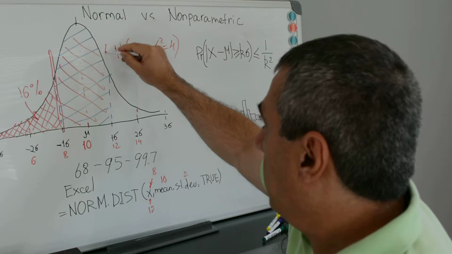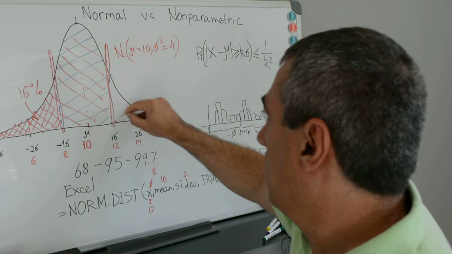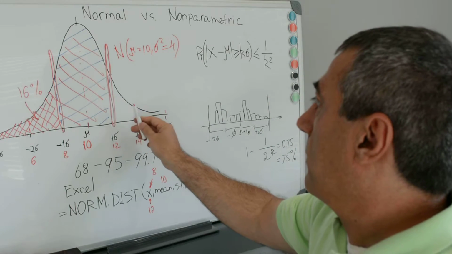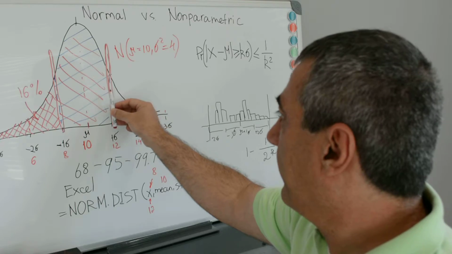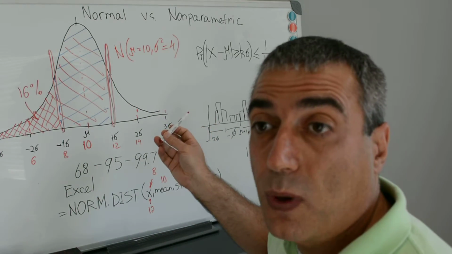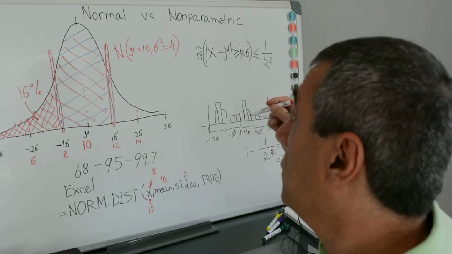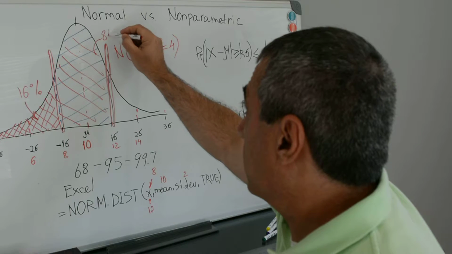Again, Excel provided me with the percent of the population which is less than 12, or less than plus 1 standard deviation. The answer was 84%.